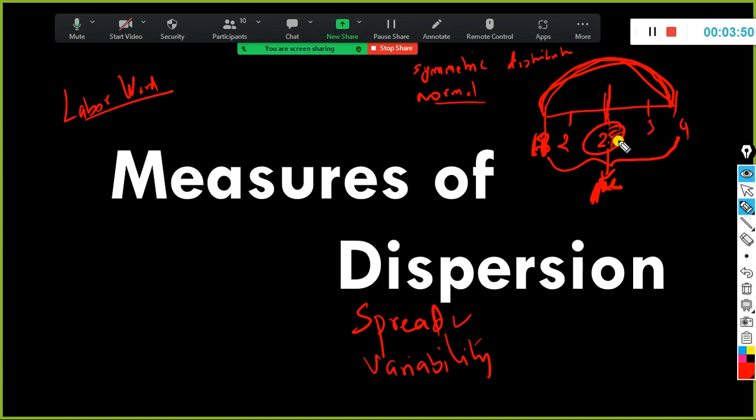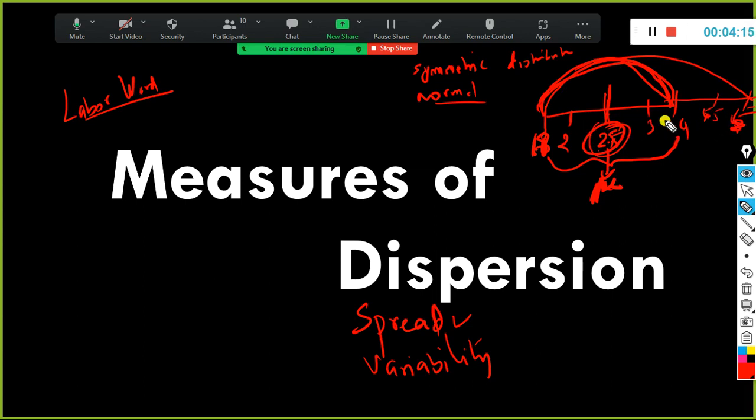But if the spread is too high, for example 5, 6, or 4.5 and 5 kgs, the spread is too wide. We cannot use this mean as a representative in this case.